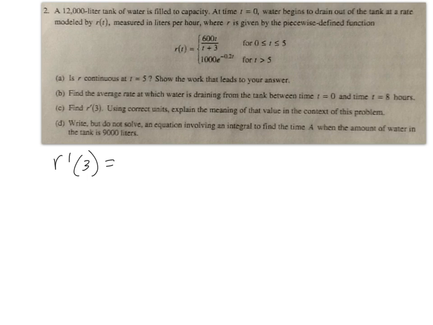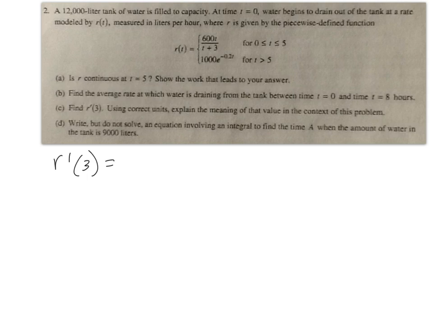So in the calculator, I am going to type alpha window, option 3 for derivative, d dx, then type in alpha y equals option 1 for numerator over denominator fraction, 600x over x plus 3, such that x equals 3.